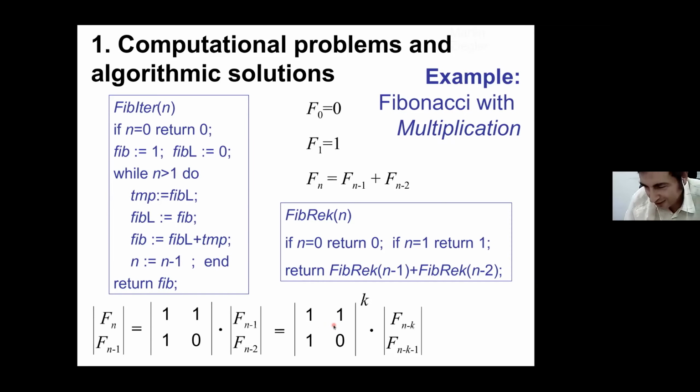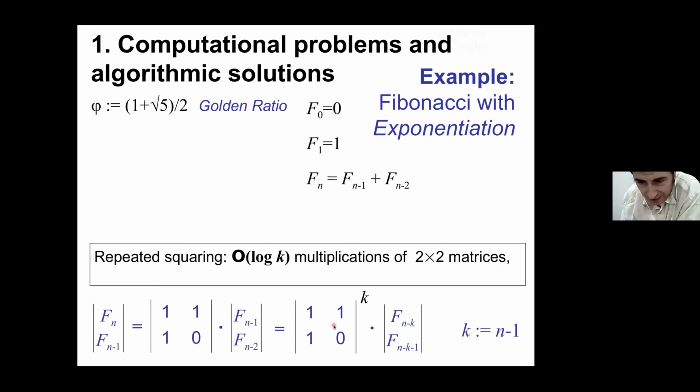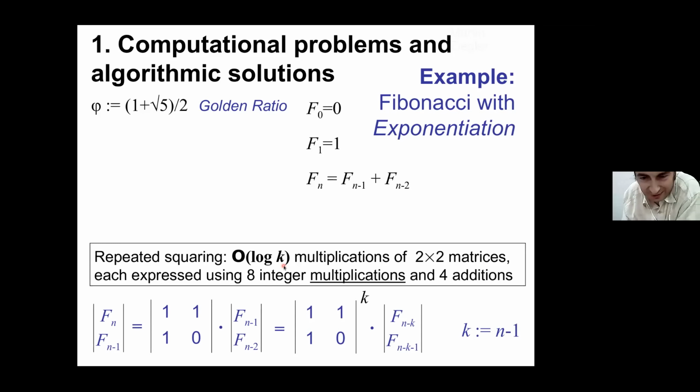And since you know that matrices, as elements in some monoid, can be powered in logarithmic time, you immediately get a logarithmic algorithm. Okay, because you can power the matrix in logarithmic time. So with this you get a logarithmic algorithm for the Fibonacci number.